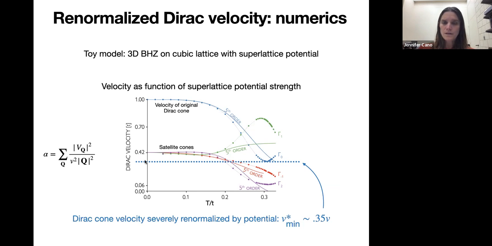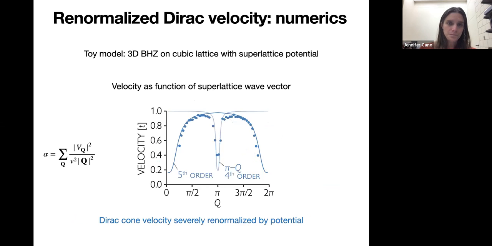Okay, good. So the point here is that we can change the Dirac cone velocity with the superlattice potential, and we can actually change it quite significantly. We can also, instead of changing the strength of the potential, change the wave vector Q. Again, the solid lines are showing our perturbation theory, and these dots are showing numerical simulations at different system sizes corresponding to different size superlattice.